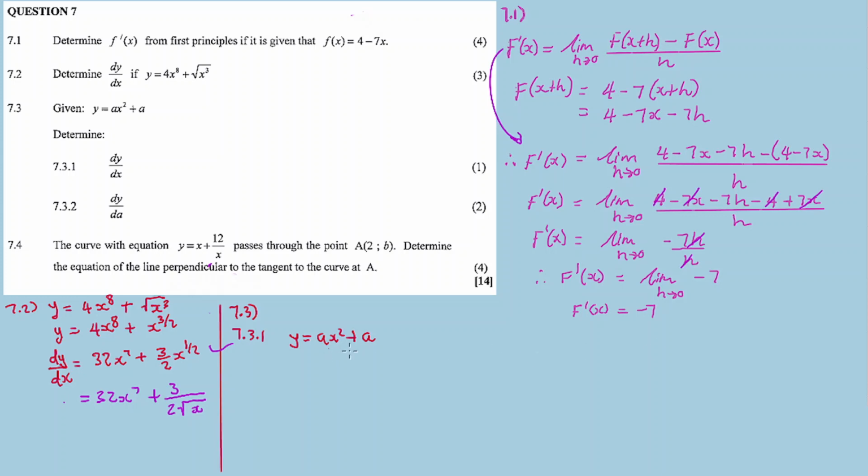If I differentiate with respect to x, it means a is our constant. Yes? A constant is considered a number. So the derivative of a is going to be 0 because it's a constant, and the derivative of ax squared is going to be 2ax. So dy over dx is equal to 2ax.